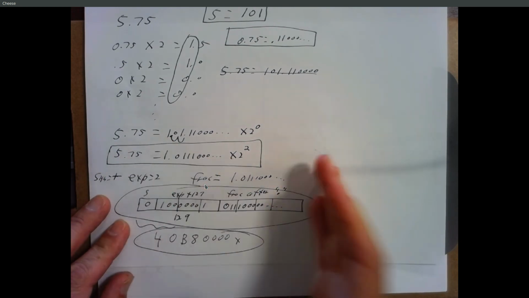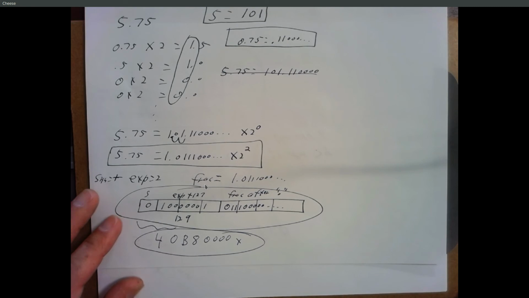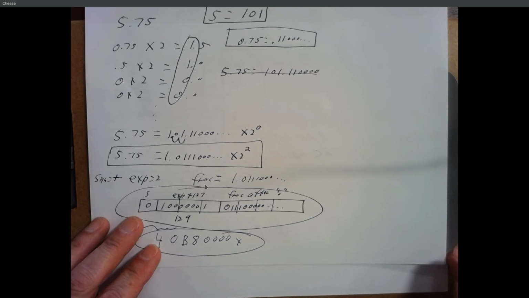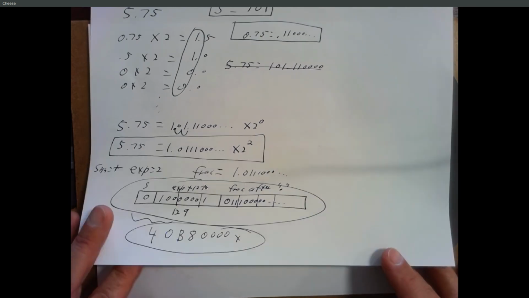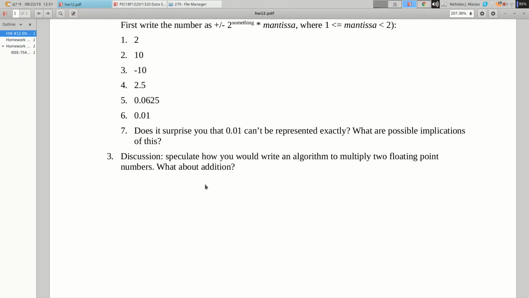And so when you break it into 4-bit chunks to write in hex, you get a different set of values. But it's fundamentally the same thing, right? Different bias. More bits for the exponent, and everything else is identical. All right, cool.